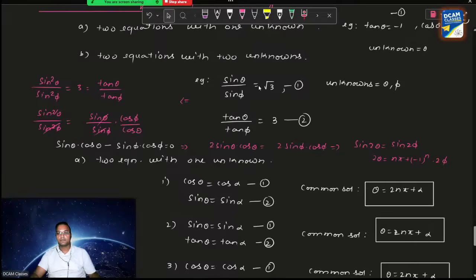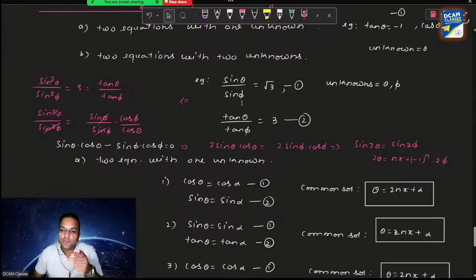See, the rest of the things you can watch in the previous recordings. For now, what you have to remember is that when you have cases of this form, two equations with two unknowns, like these equations 1 and 2, you have to solve each equation and then arrive at some relation that will provide you the theta and phi relation.